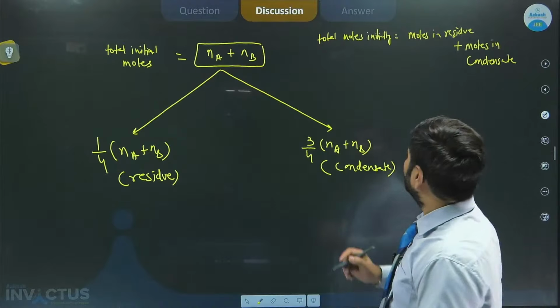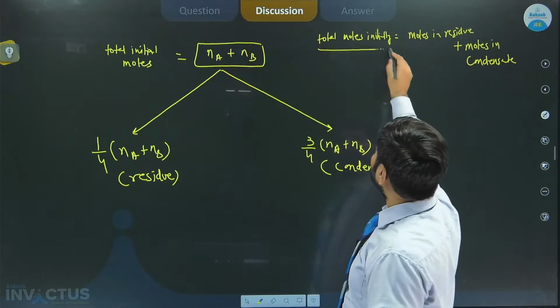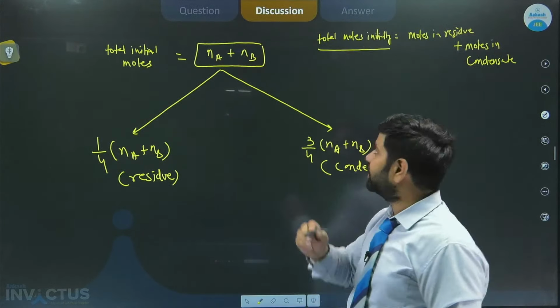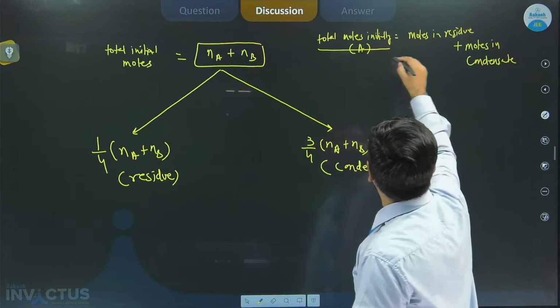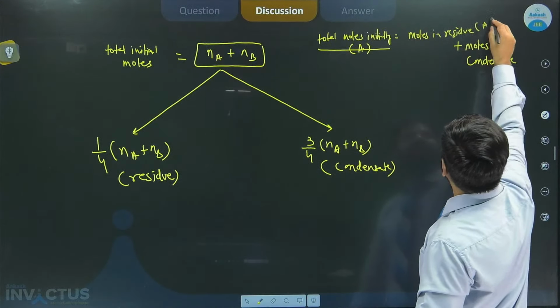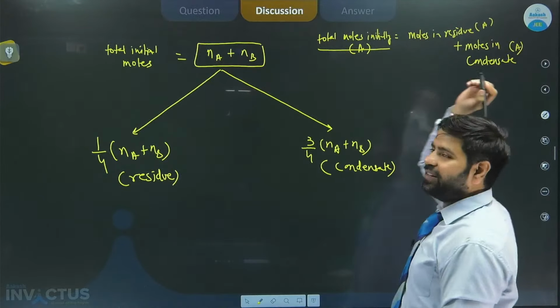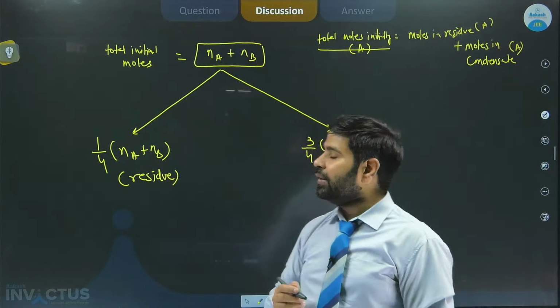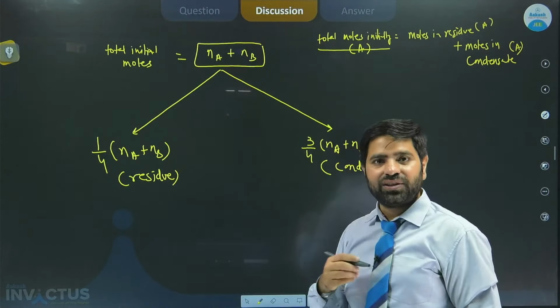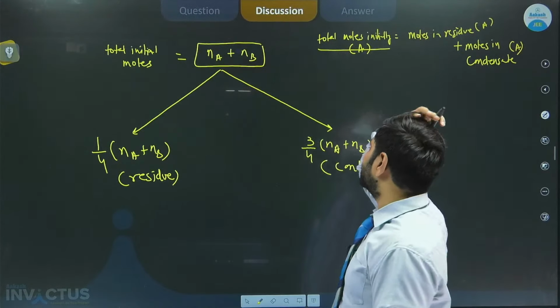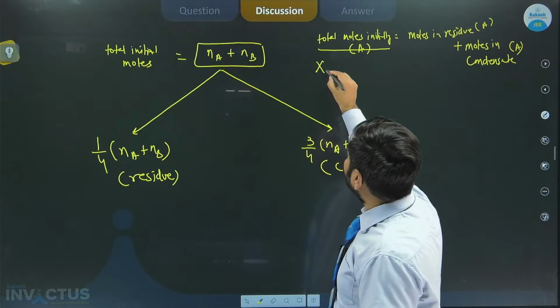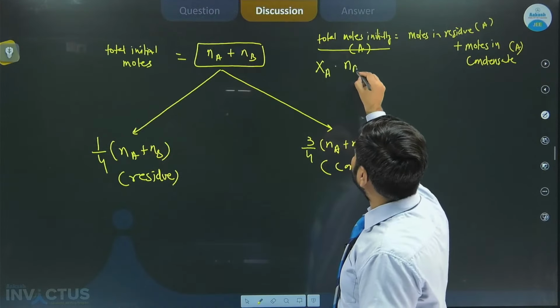Okay. Now let's talk about the total moles of A initially: total moles of A is moles of A in residue plus moles of A in condensate. Now how many moles of A are there initially? So we can write XA times Na plus Nb.